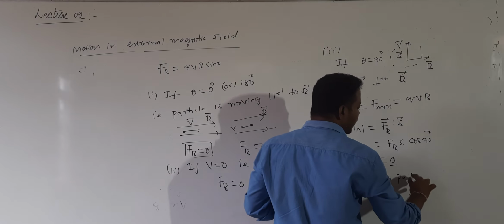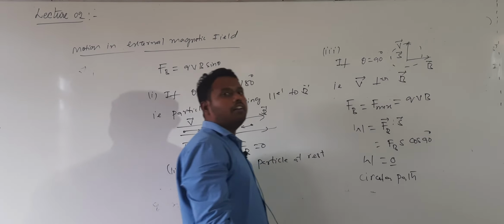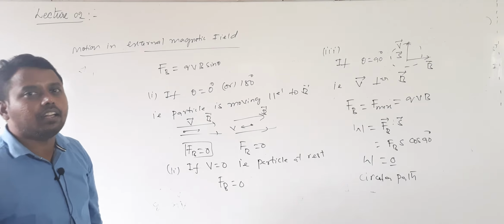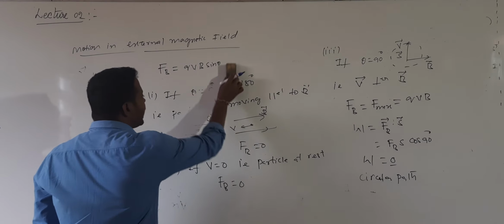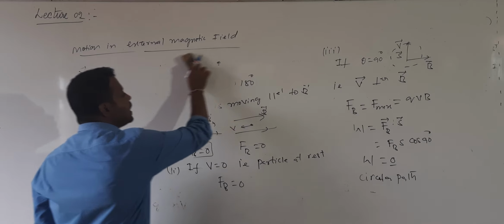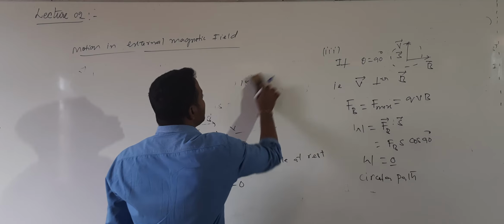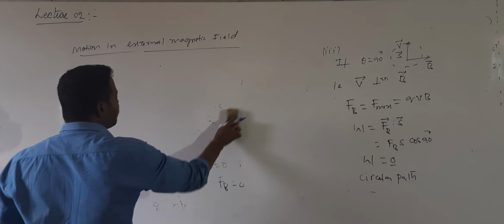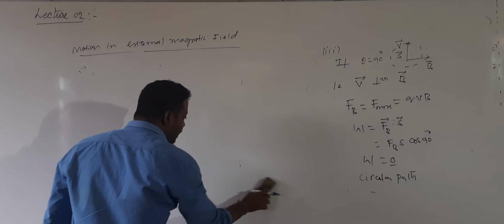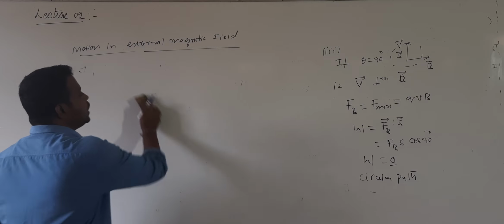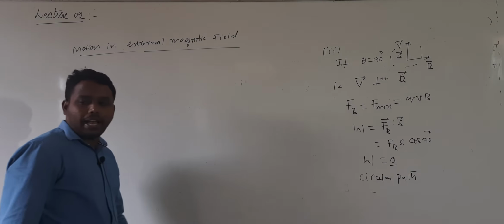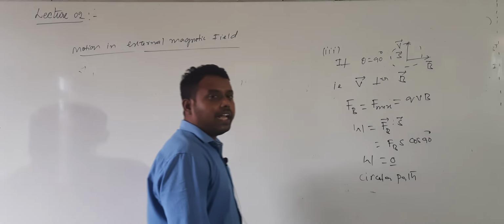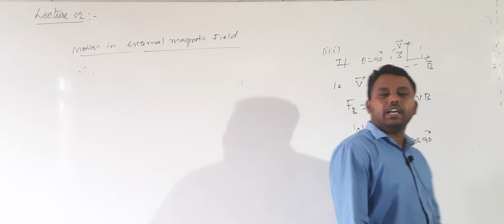The particle will move in a circular path whenever it enters the uniform magnetic field perpendicularly. You should understand clearly why. The force due to the magnetic field makes the particle move in a circular path. Will that force make the particle's velocity increase? No. Will that force make the particle accelerate? No. Will that force make the particle decelerate?